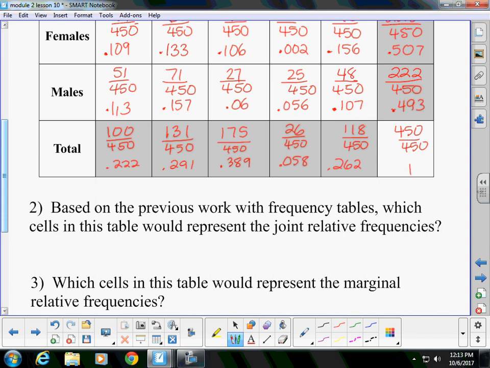Based on the previous work with frequency tables, which cells in the table would represent joint relative frequencies? Well, the joint frequencies were in the middle of the table, so now the joint relative frequencies would be in the inside of the table, the non-shaded cells.